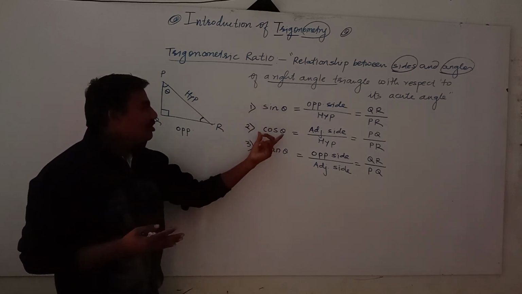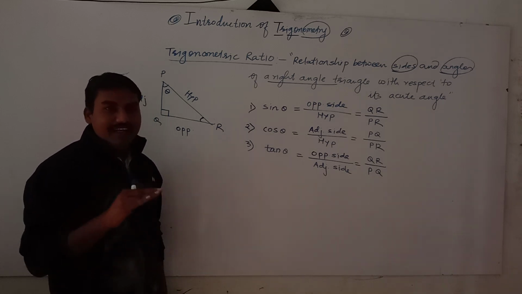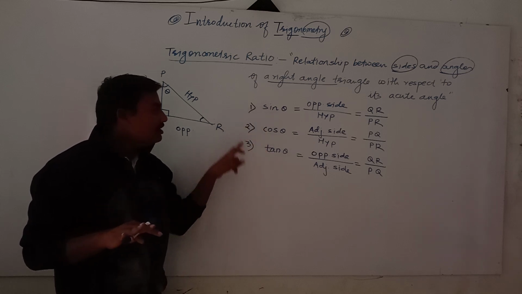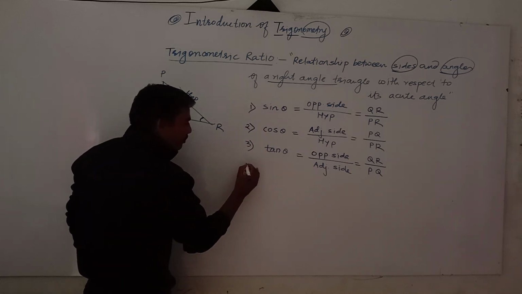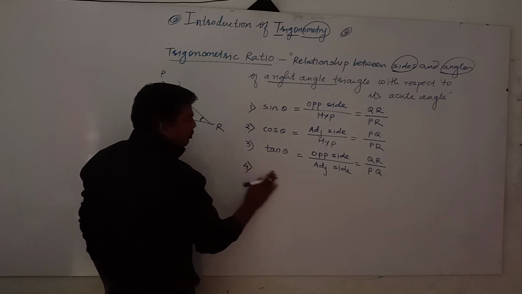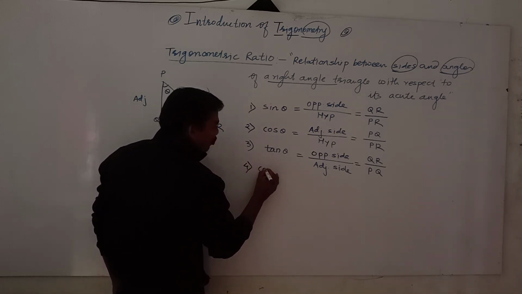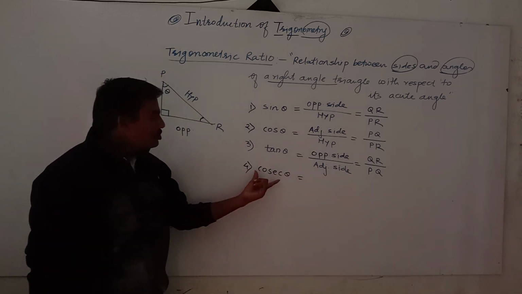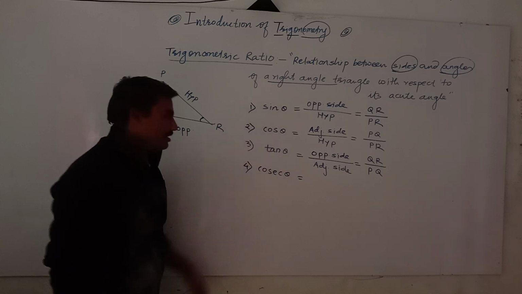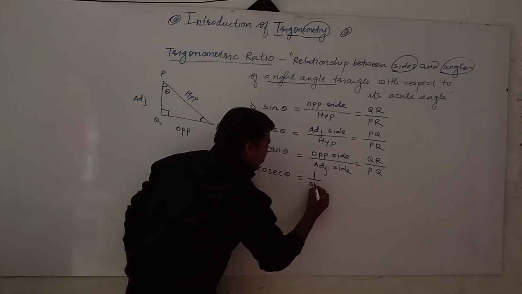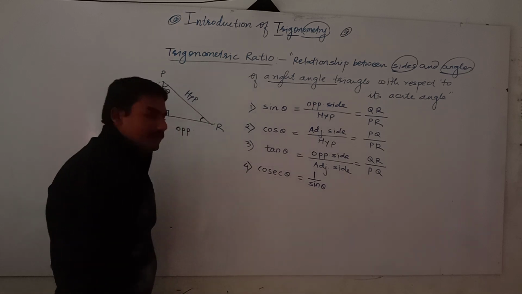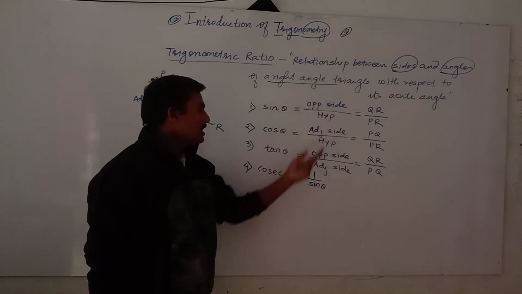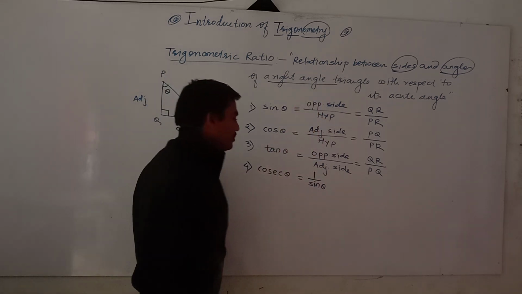Based on sin theta, cos theta and tan theta, the remaining three are calculated. The remaining three are related to these three. Now number 4 is cosec theta. Cosec theta is the reciprocal of sin theta. Sin theta is opposite side upon hypotenuse, so its reciprocal is hypotenuse upon opposite side.